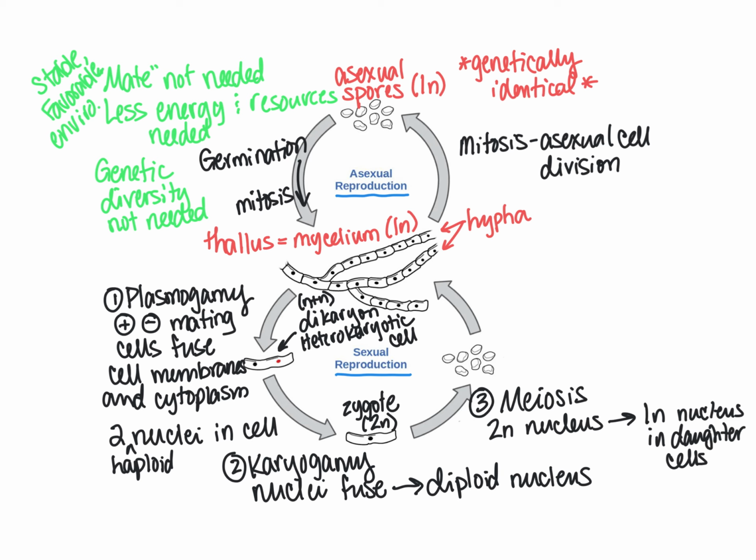And these daughter cells are the spores. So the spores here are 1N, so they are haploid. And these spores might be produced inside a specialized structure called a gametangia.